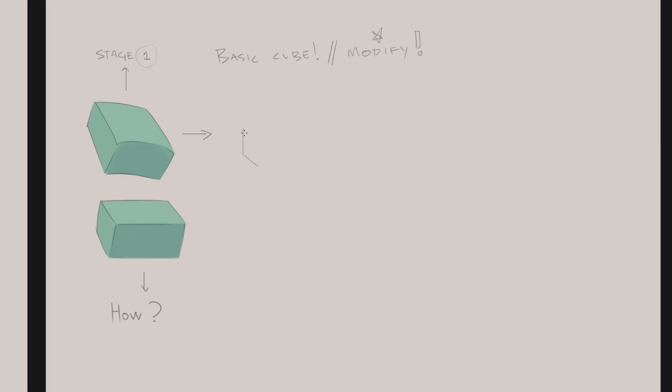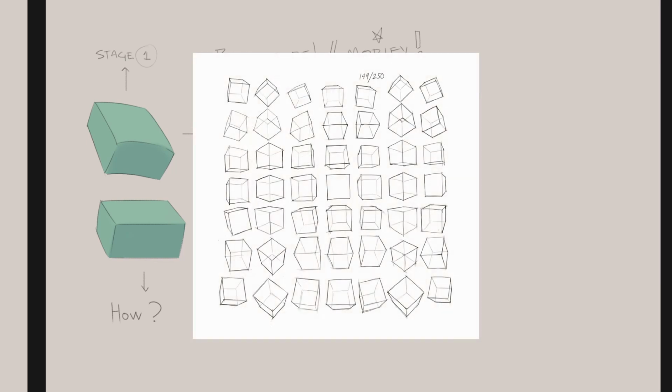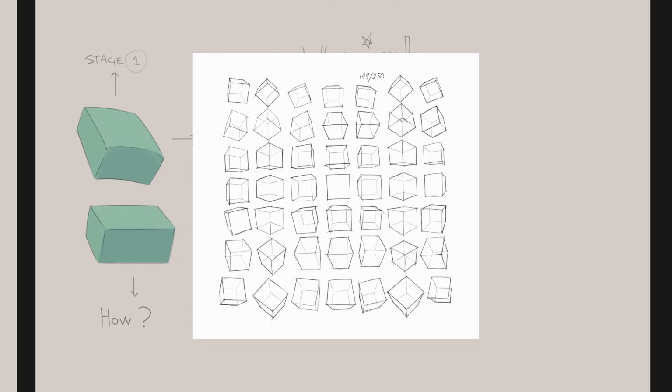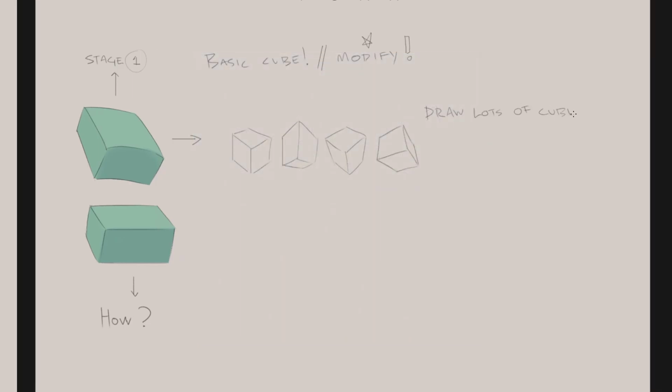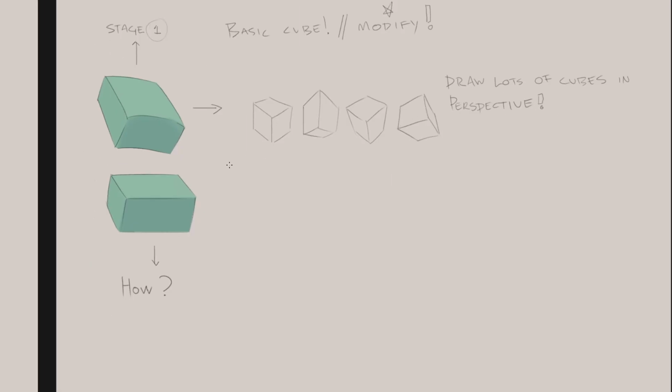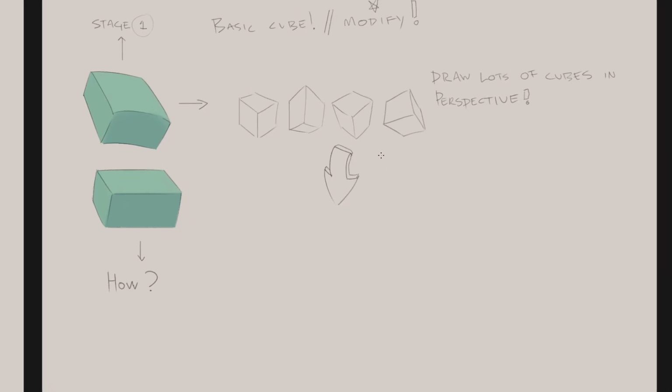But the first thing I did was I drew a bunch of cubes, not just cubes, cylinders, and just geometric stuff in perspective. That's going to get your brain wired towards thinking in three-dimensional shapes. There's a reason why everyone mentions this, is because it actually does wire your brain a different way. So please do them.